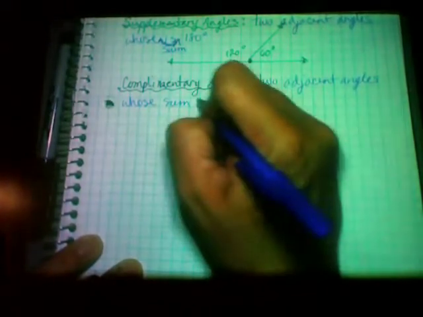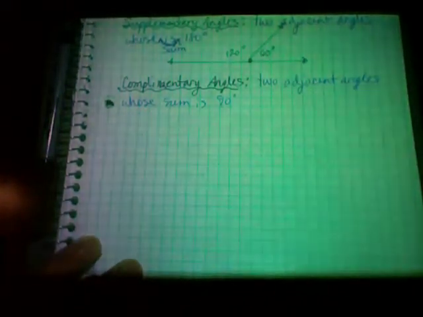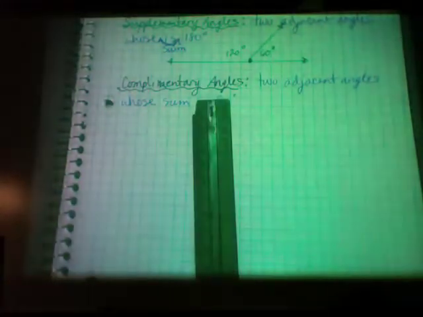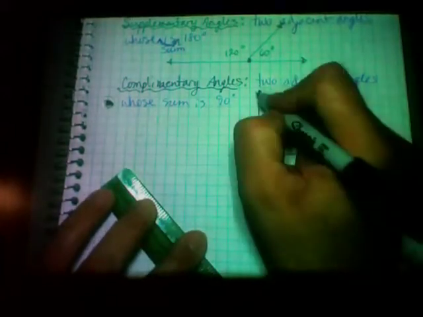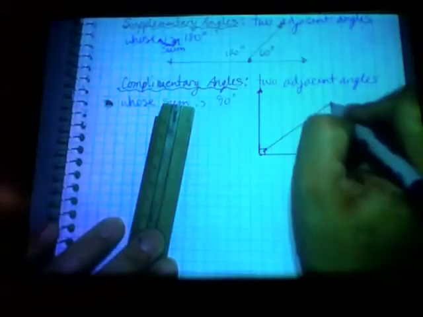So two adjacent angles whose sum is 90 degrees. And so I am going to start off with drawing a 90-degree angle. And you can break that 90-degree angle up however you like to. I'm going to put a square there, and then perhaps I'll put my other angle here. If this one is 30 degrees, what's this one? 60 degrees.